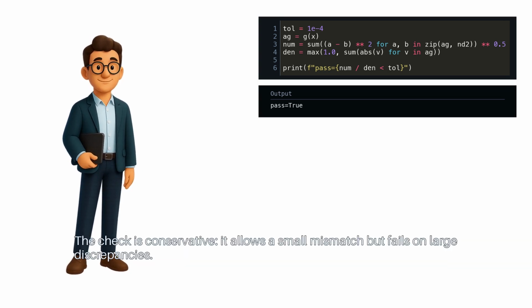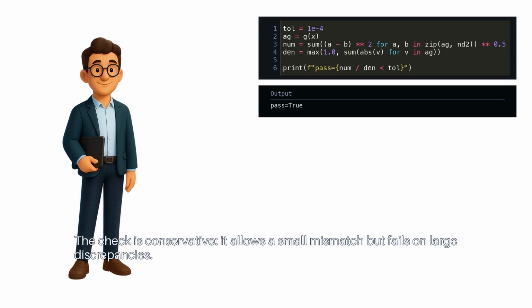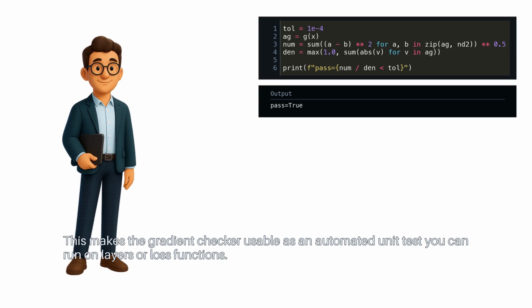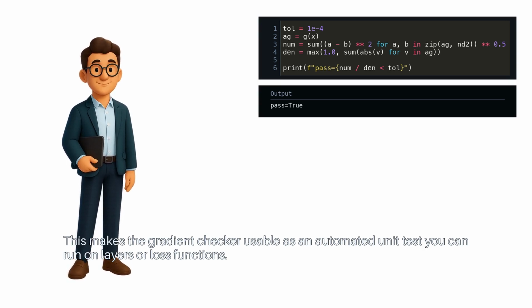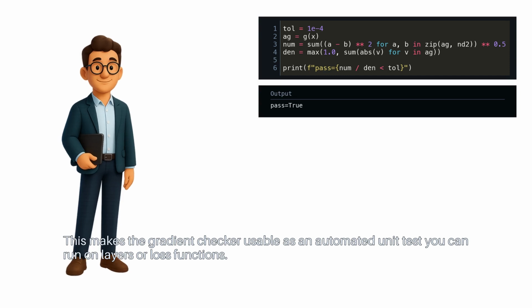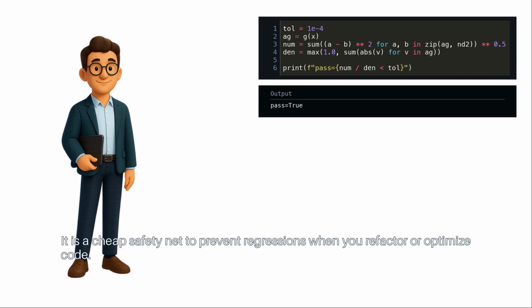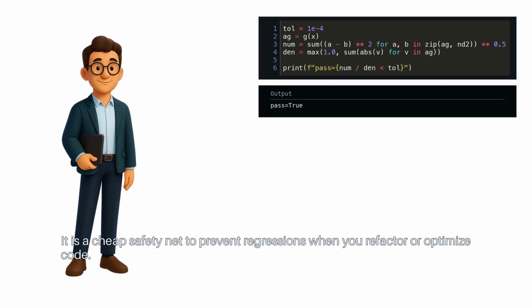The check is conservative. It allows a small mismatch but fails on large discrepancies. This makes the gradient checker usable as an automated unit test you can run on layers or loss functions. It is a cheap safety net to prevent regressions when you refactor or optimize code.